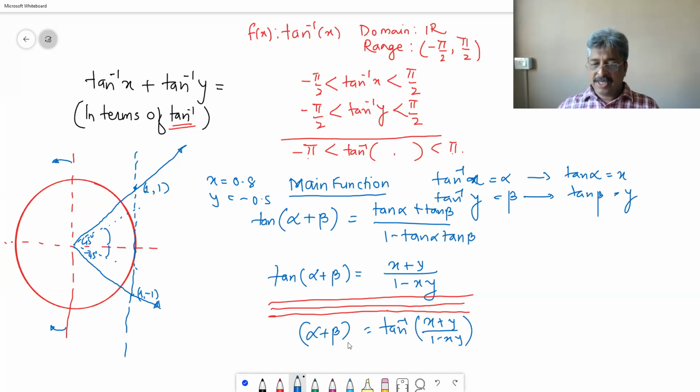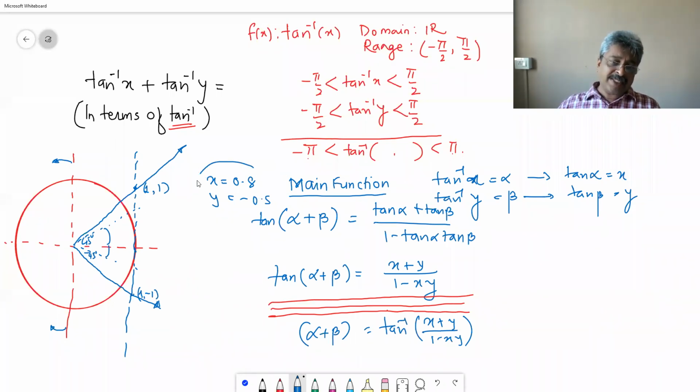No, because unless and until you are sure that x plus y upon 1 minus xy is a real number, and alpha plus beta, the angle that you are talking about, is between minus pi by 2 and plus pi by 2, you are not allowed to take tan inverse.